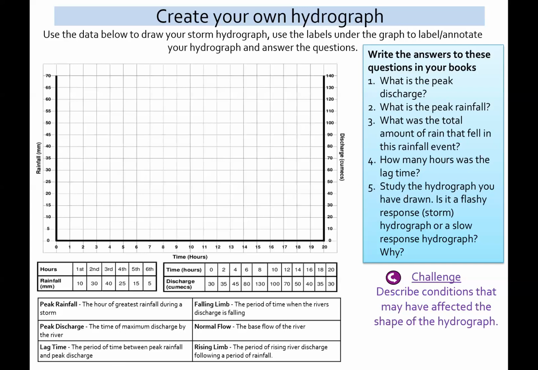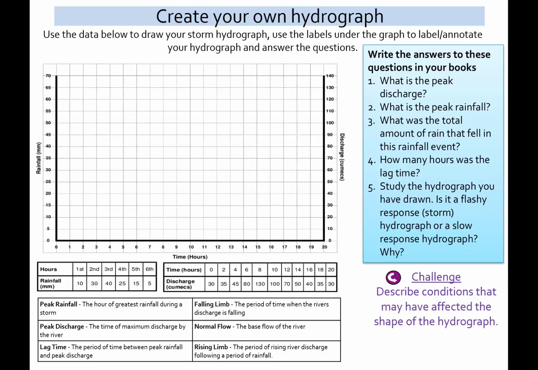Would you say it's a flashy hydrograph? So is it a hydrograph that's happened during a storm that's responded very quickly, or would you say it's a slow response hydrograph? So one that's responded very slowly, and you need to explain why. As a challenge, I want you to link this back to what we did last lesson. So what conditions do you think may have affected the shape of that hydrograph?